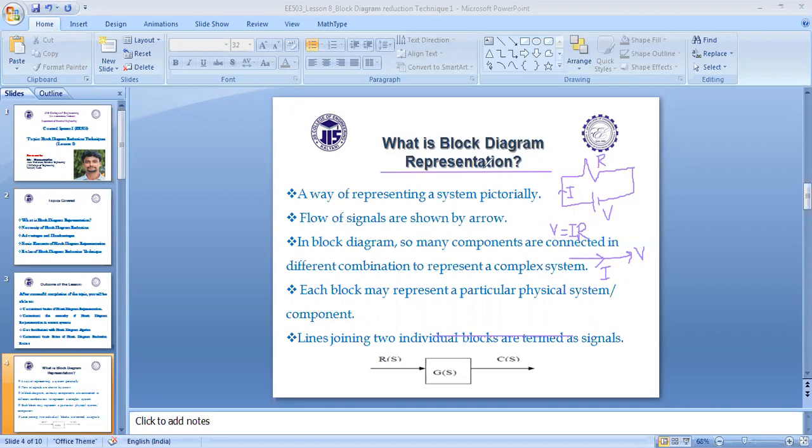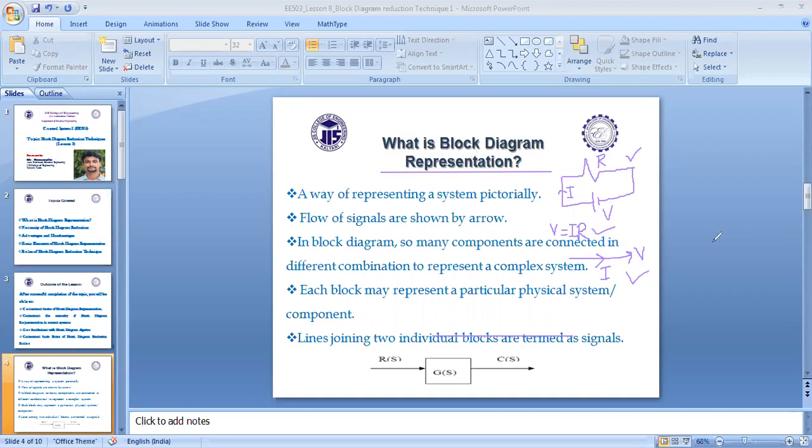So, any simple or complex circuit can be represented by a circuit diagram, by a mathematical equation, by a phasor diagram. There are some more other ways of representation such as schematic diagram, block diagram, state space representation.